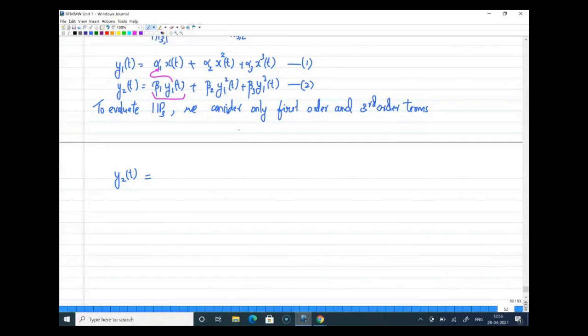When you plug in y1 of t here, the first order term will be alpha 1 beta 1 into x of t. That will be the only first order term, because whatever you do, the other terms will definitely have second or third or even higher order terms, right? Plus now we should write the third order term.